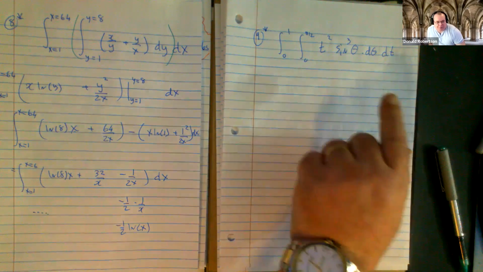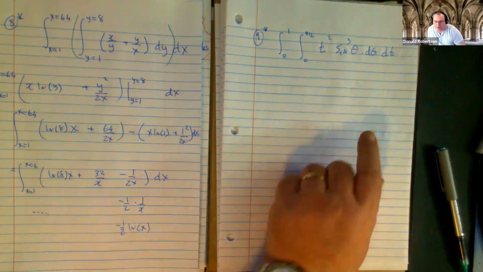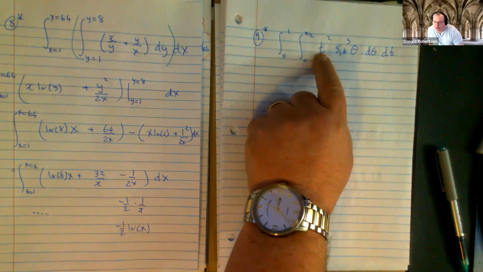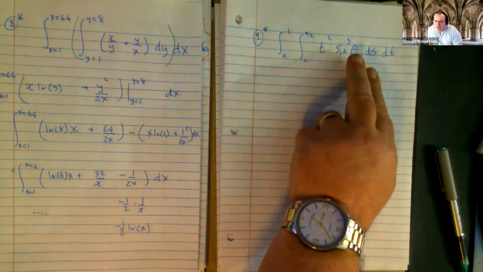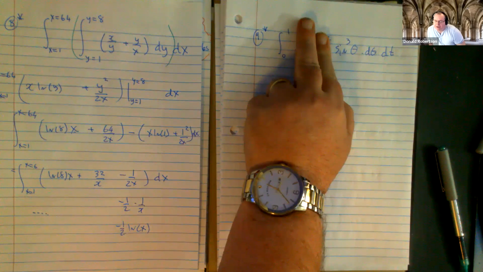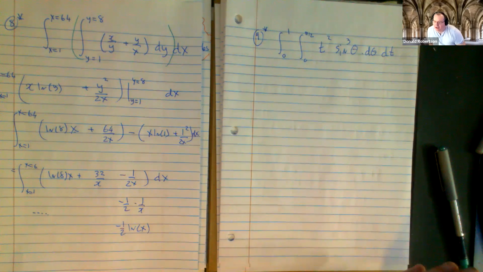Some expressions, not that one, but this one, are really made up of 2 different functions multiplied together. One of them with t's in it, and the other with thetas. And we call these situations variable separable, just like from DE, right?